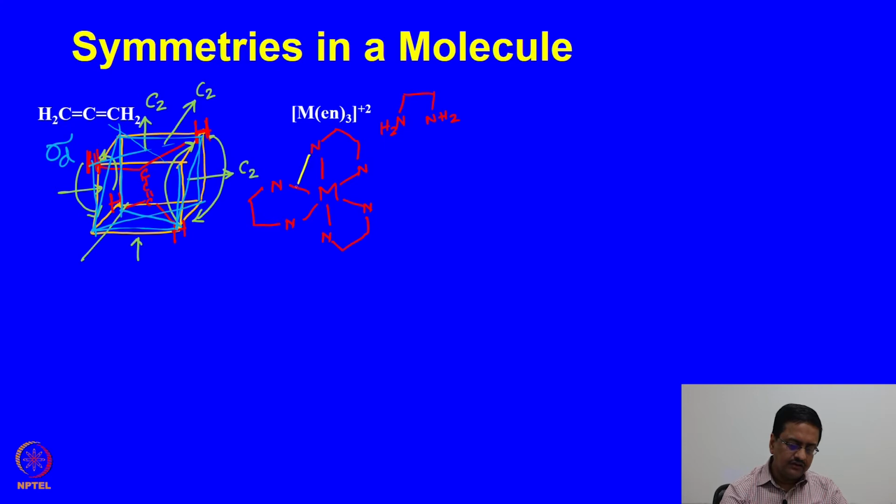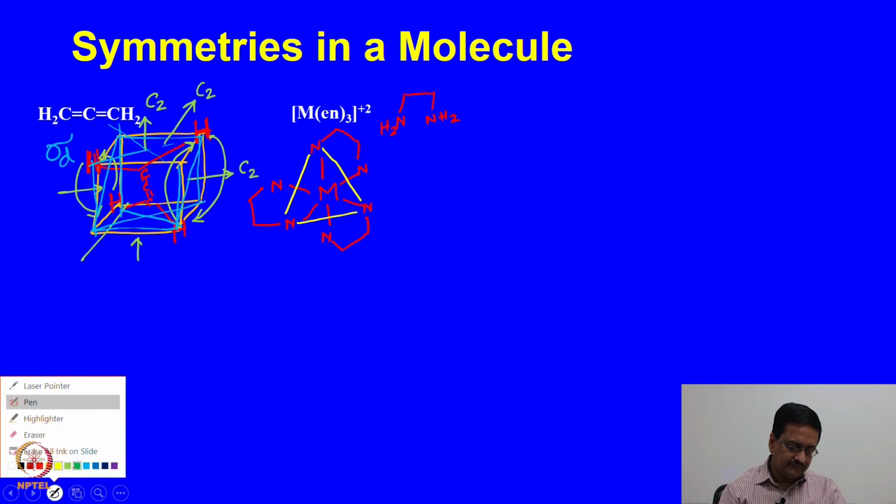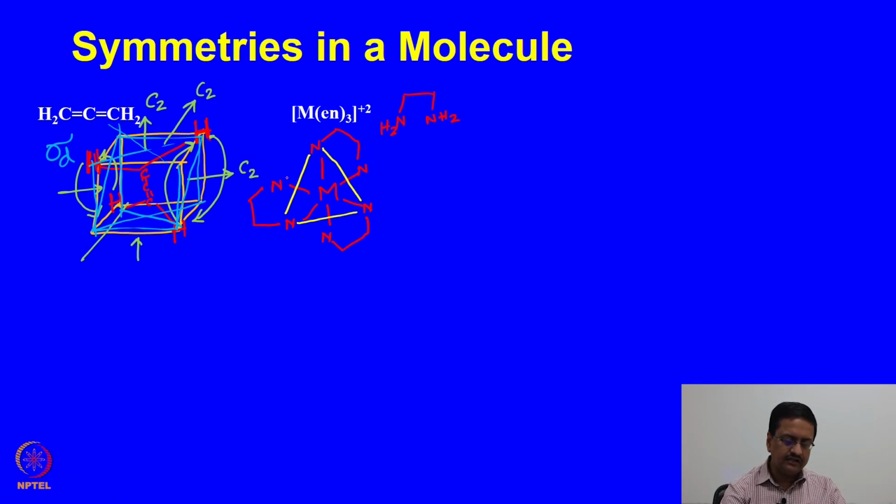What I am trying to draw is a triangle containing the nitrogen at the top and two nitrogens present in the equatorial plane, and then another triangle containing the other two nitrogens in the equatorial plane and the nitrogen at the bottom.